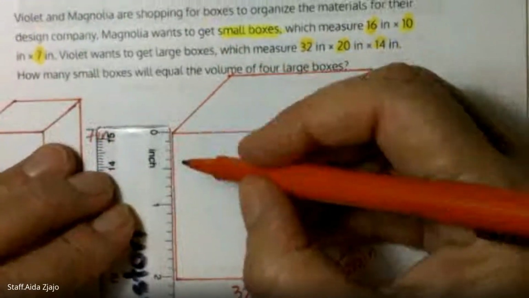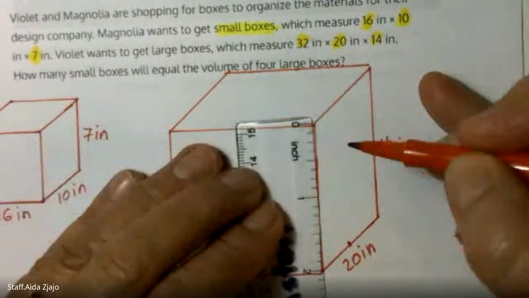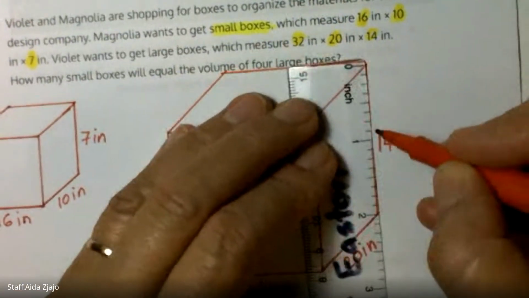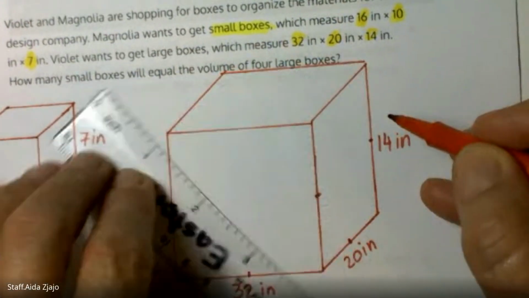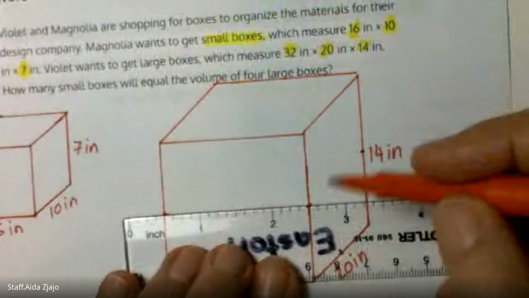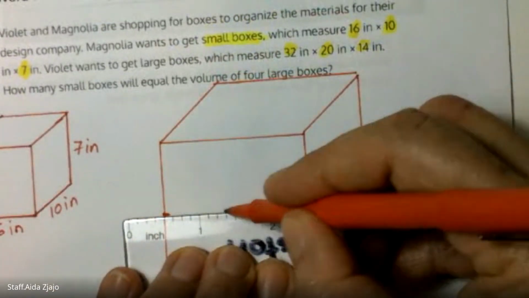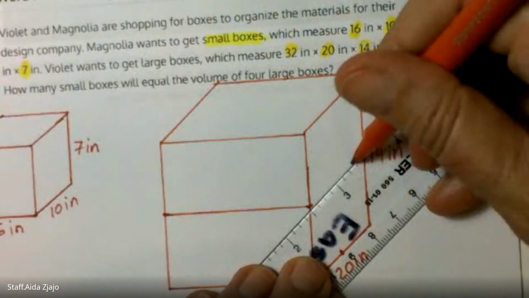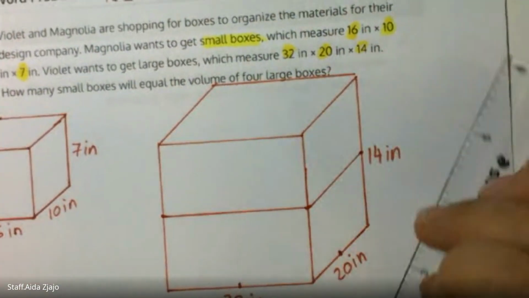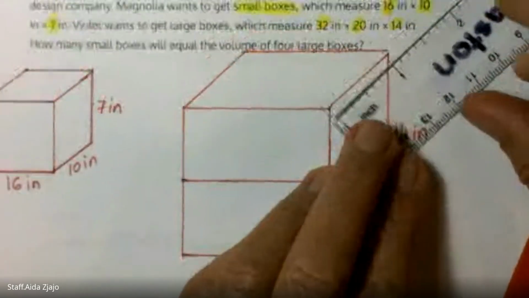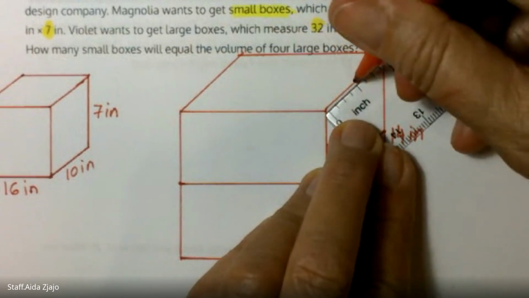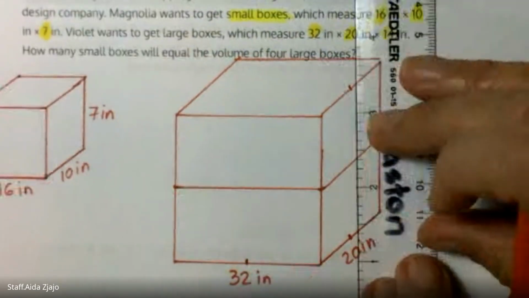So if I make a half here and half here, I can create and show you exactly how many of these smaller boxes can fit in this one just by creating the visual of half of each length.